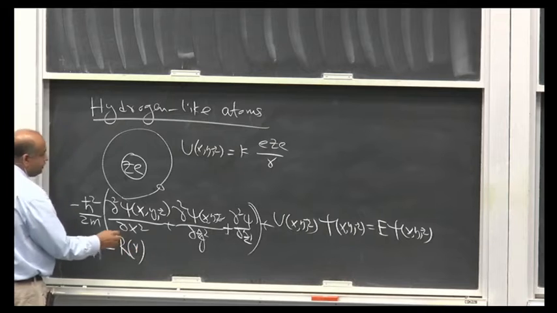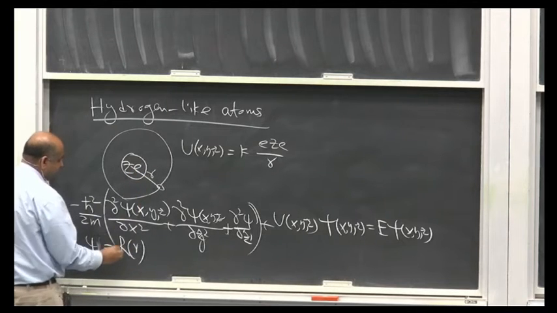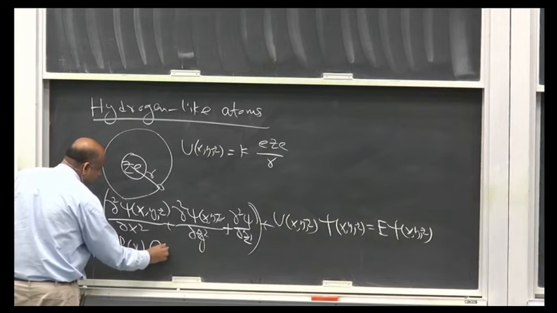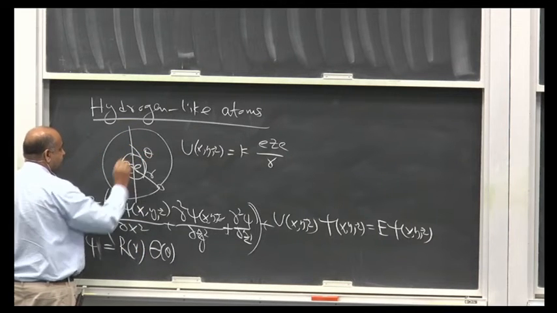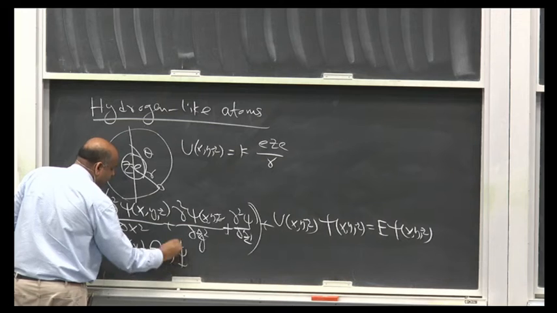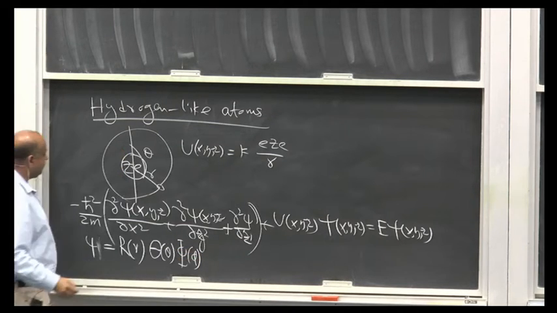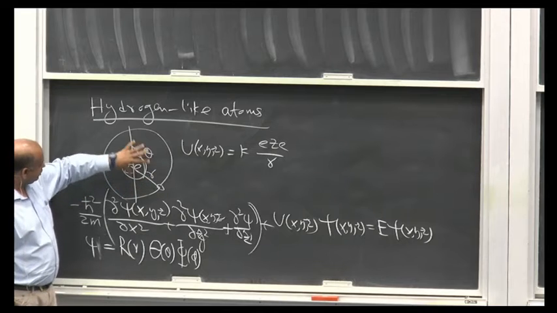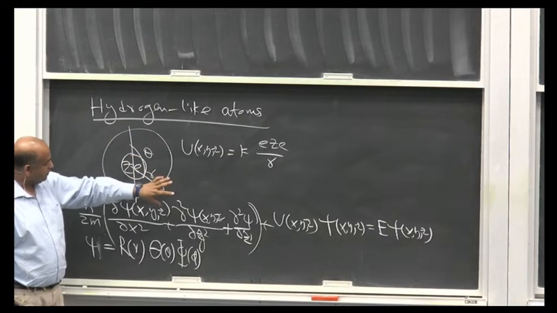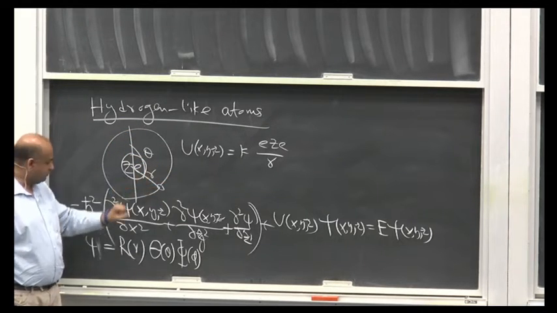One part that only depends on the radius, the other part that only depends on, let's say, an angle with some axis z, and another part with another angle with a third axis, for example, in the spherical coordinate system. Because this problem has spherical symmetry, our wave function can be broken down into 3 parts.